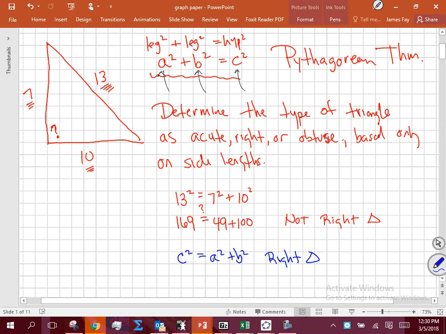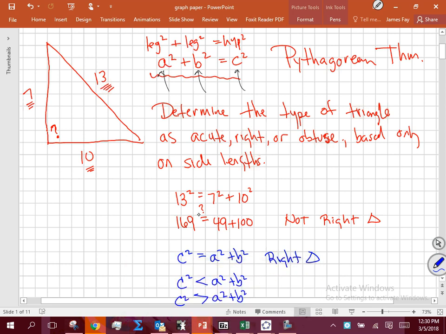But if they're not equal, isn't there an option that c squared would be less than a squared plus b squared? That's an option for things that are not equal, right? Okay. But another option would be c squared is greater than a squared plus b squared, right?